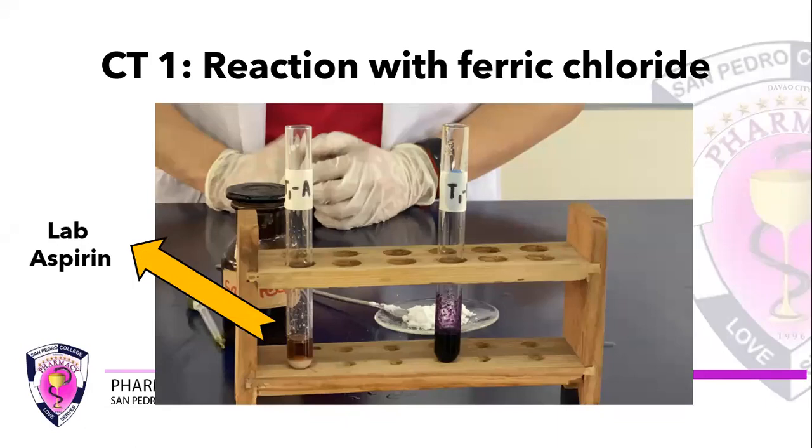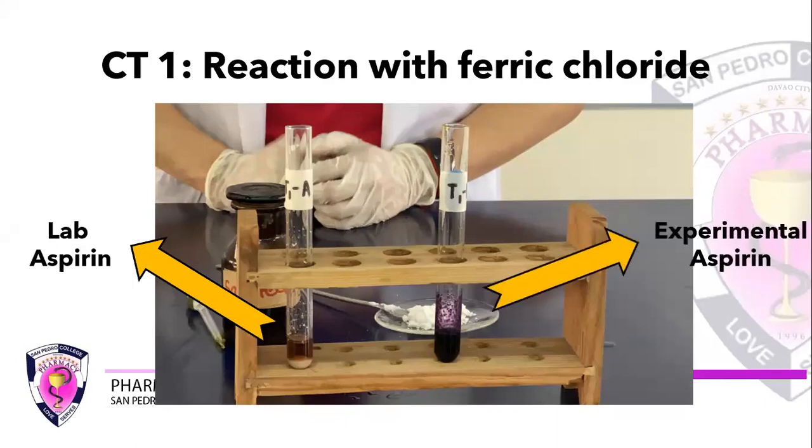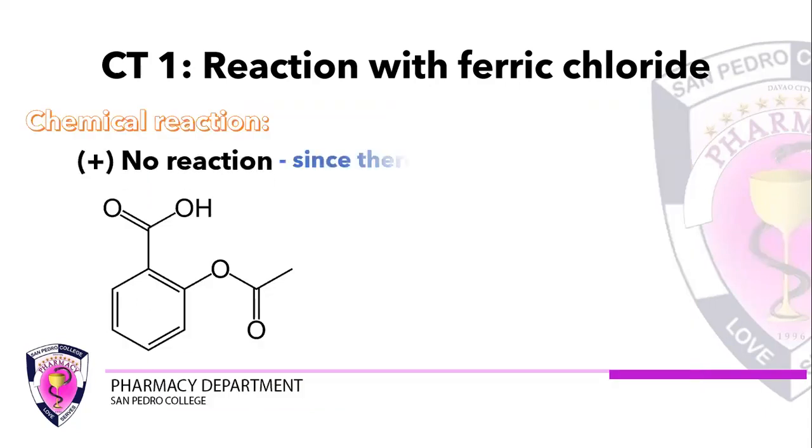So, bakit ganun? Bakit siya naging color violet? So, ang ferric chloride test, mag-give off lang siya ng positive result, which is the violet coloration in the presence of phenolic compounds like salicylic acid. Now, remember, ang main chemical of interest natin sa experiment na ito, it's salicylic acid.